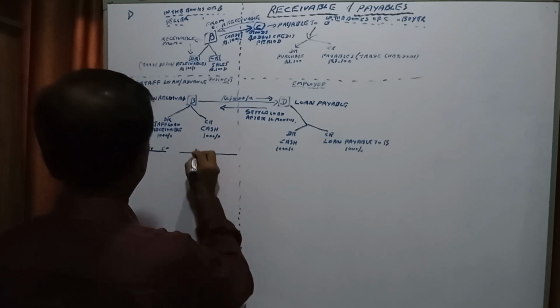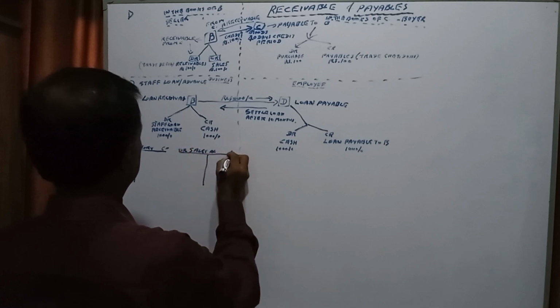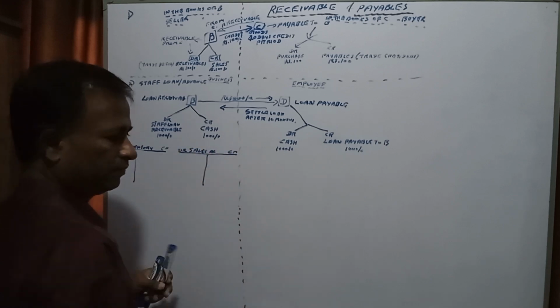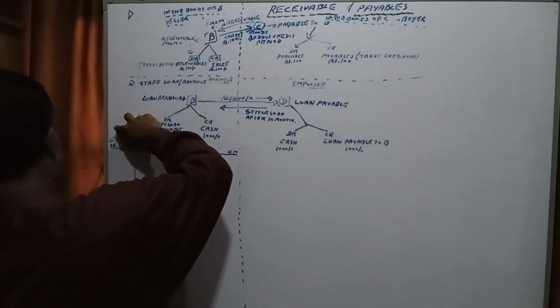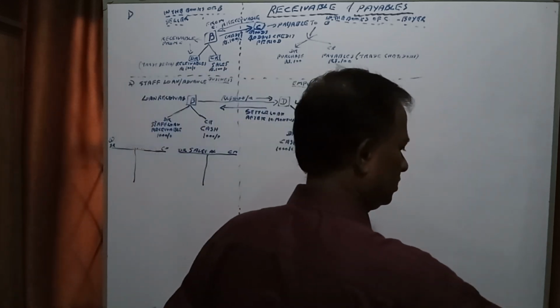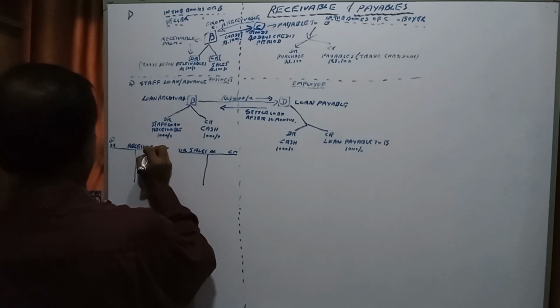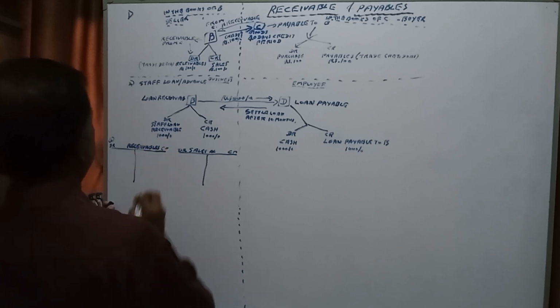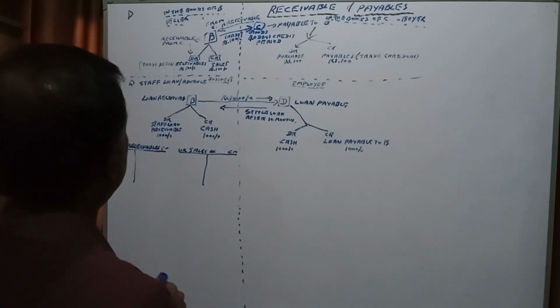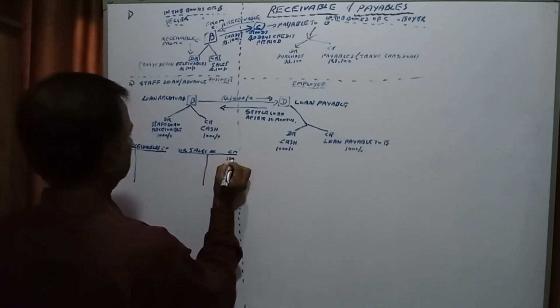right? Receivables debit, sales account credit. He is selling goods of 100, so the sales is 100, right?